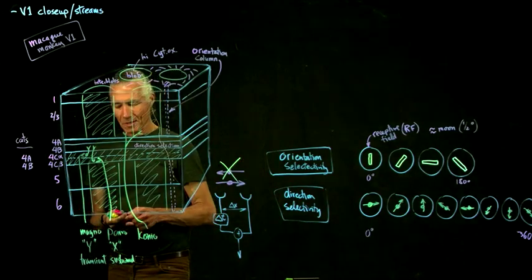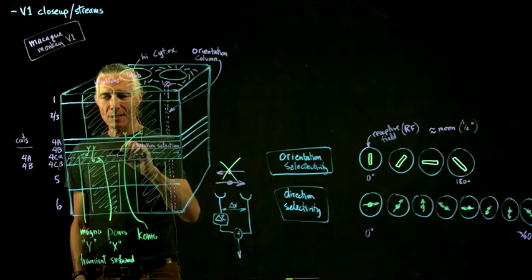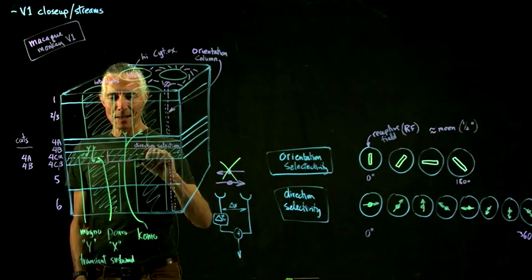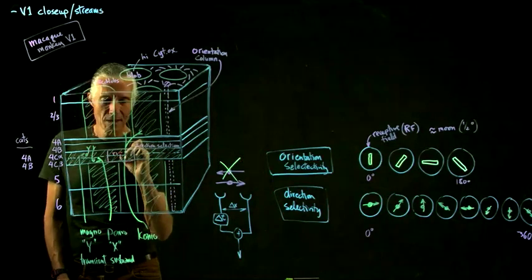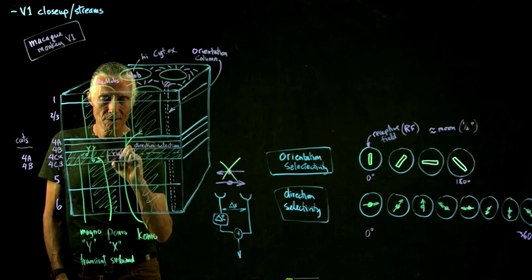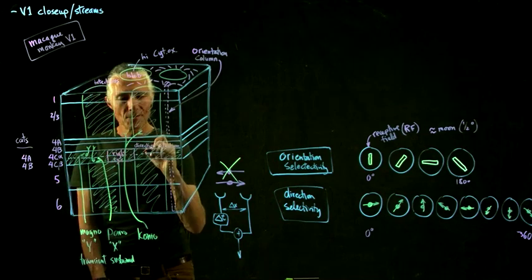And so what that looks like is there'll be a chunk coming from, say, the right eye. So let's put right eye. And then right alongside of it, there'll be another chunk that just comes from the left eye.